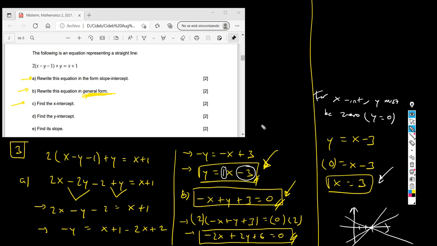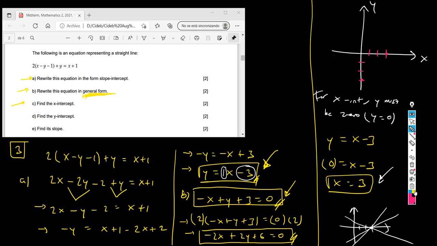So in fact, this straight line looks like this: 1, 2, 3, and -1, -2, -3. It crosses right here, and it crosses right here. That's it.